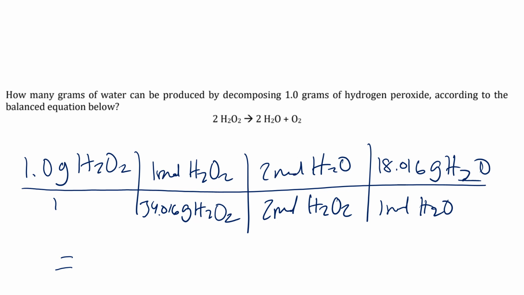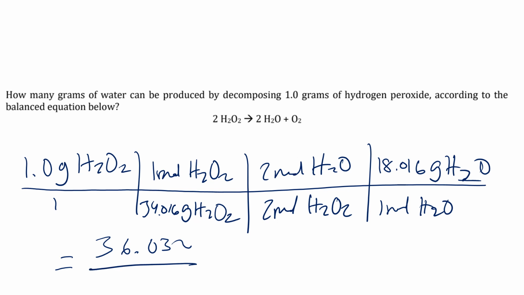So multiply your numerators: 1 times 2 times 18.016. Just to be thorough, you have 36.032.